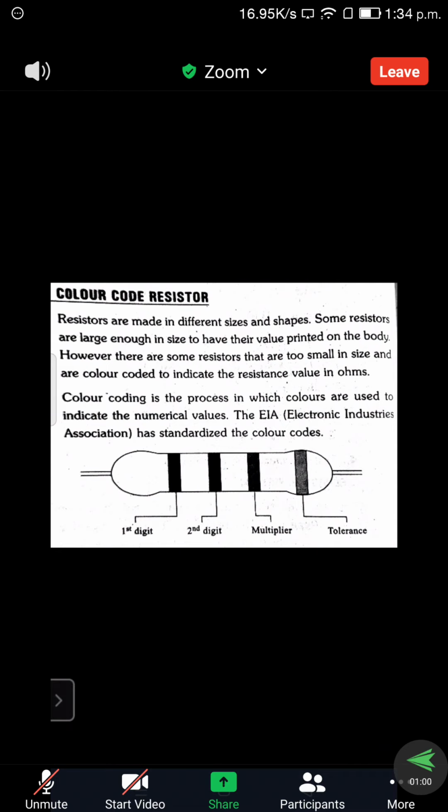They standardized the colors for coding the resistance value. If it is a larger type, we can easily print the resistance value on the surface of the resistor. But in the case of carbon composition material, it is not possible to print the value on the surface, so that's why color coding is needed.